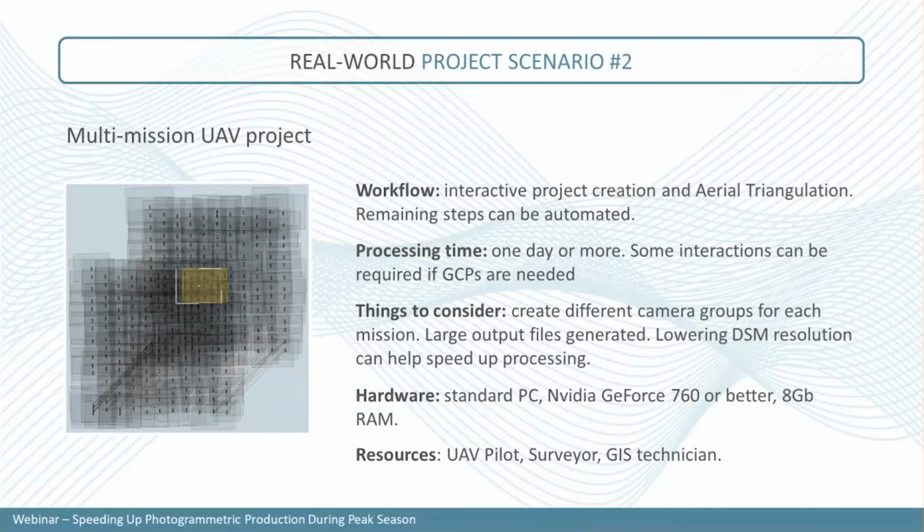A multi-mission project like this can be run with a UAV pilot that will collect the data, a surveyor with ground control points, and a GIS technician that should be able to process such data.